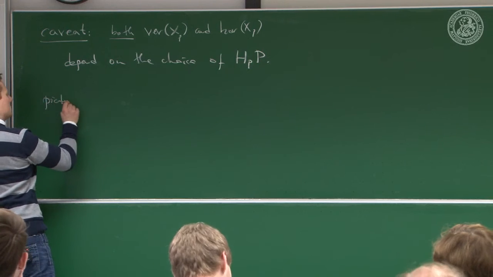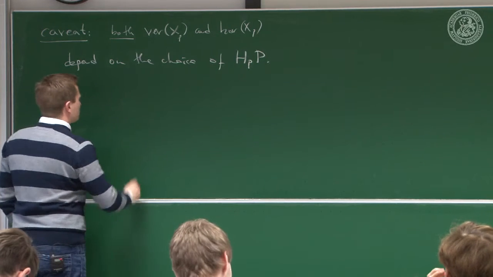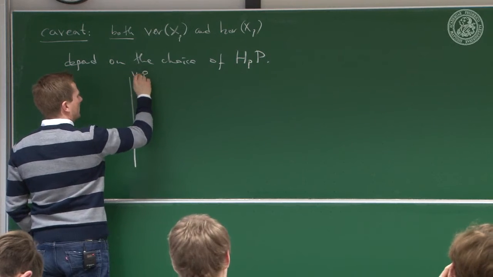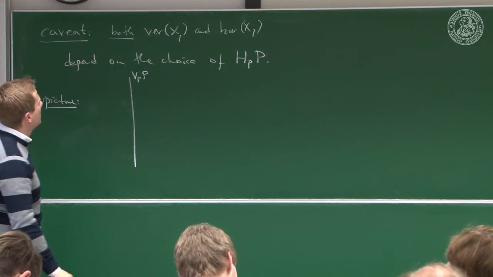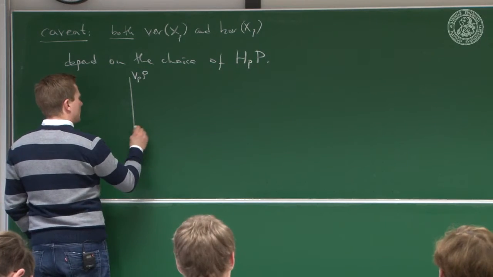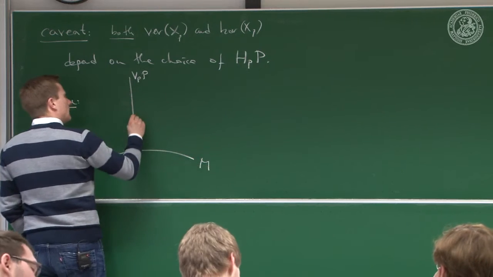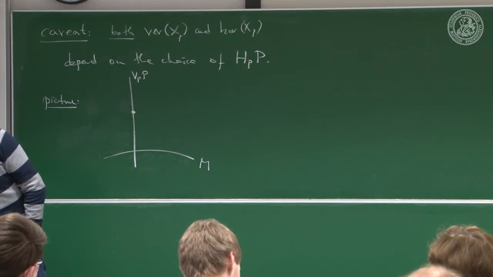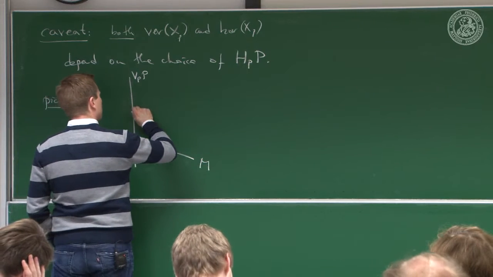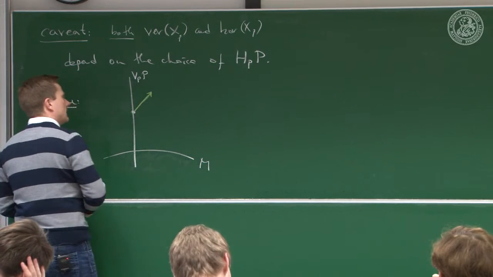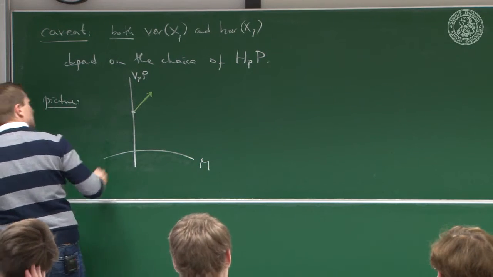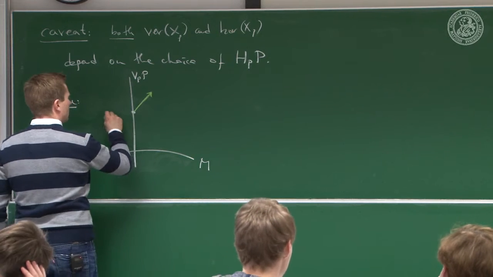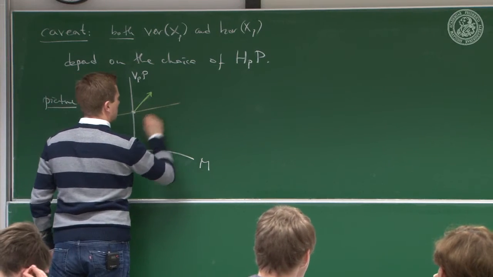Again, it's best shown in a picture. So say you have this subspace, which is the vertical one, which is defined canonically on a principal fiber bundle. But now, so there's the M down here. But now you're at the point P here, and let's say we look at this vector here. Now, say the choice of horizontal subspace, my choice of horizontal subspace could look like this.